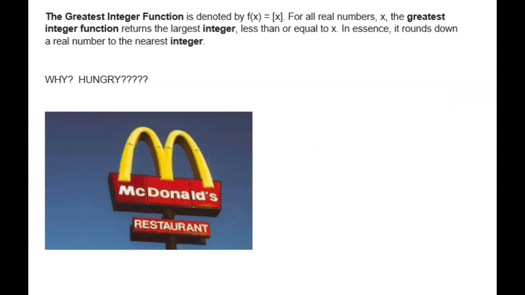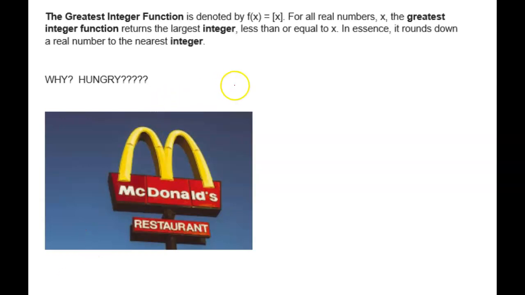Now, this does not seem too practical until you put it into a real life scenario. Say, for instance, you're very hungry, you see the golden arches, you know that you got that great dollar menu at the Golden Arches. So you decide that you're going to get the McDouble. That's the one, the McDouble.